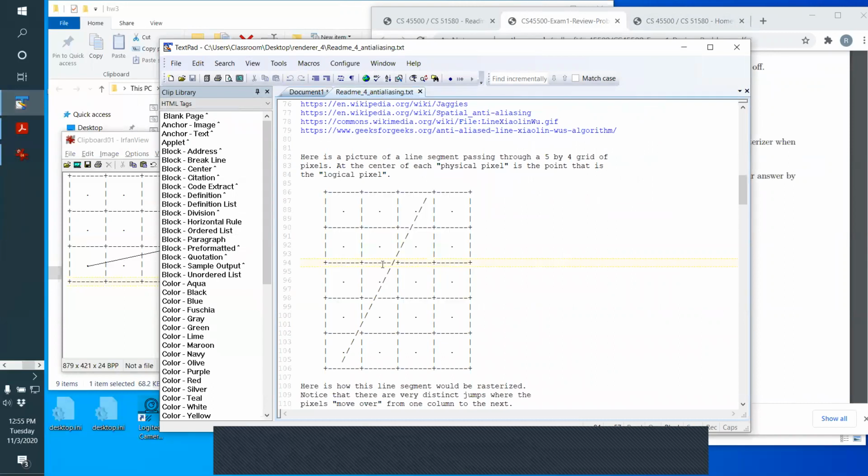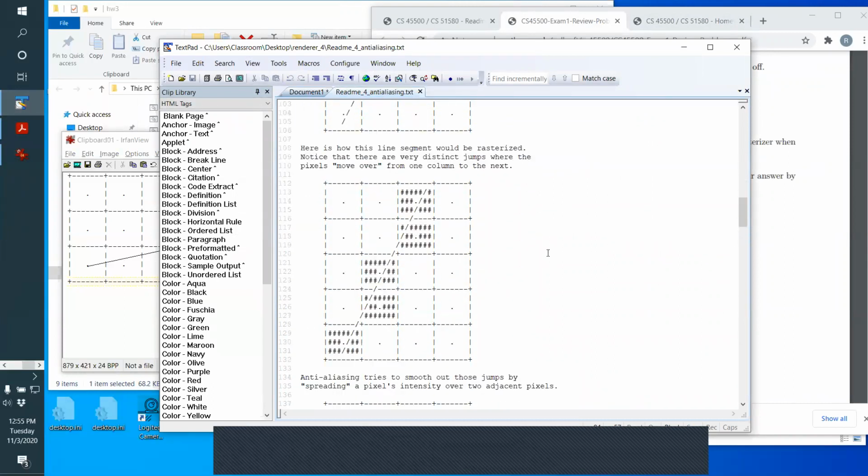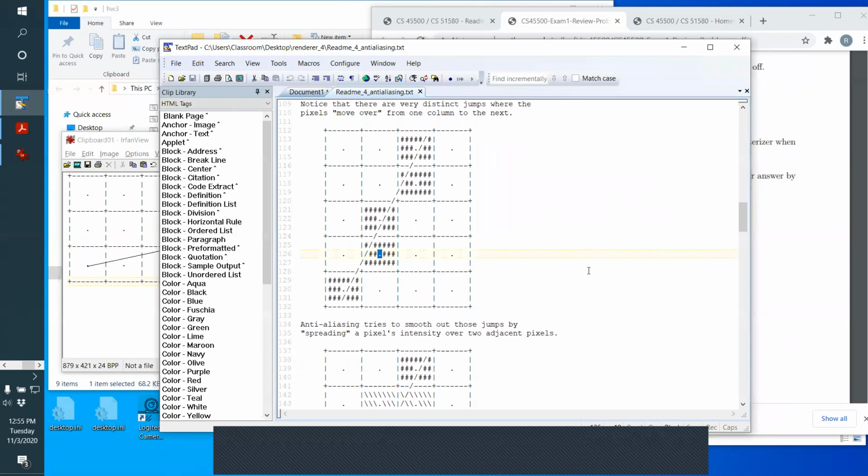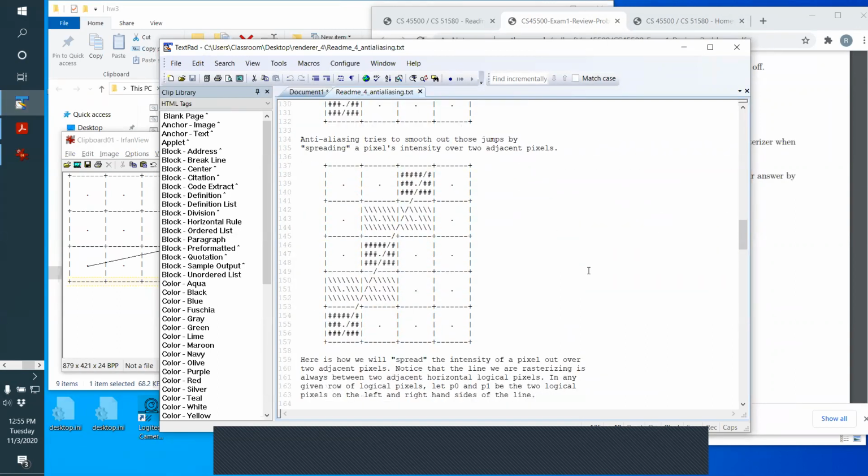Here is the line with no anti-aliasing. So if the line is closer to that logical pixel, you turn on the whole physical pixel. You turn on that whole physical pixel, and that whole physical pixel. The anti-aliasing then does what?